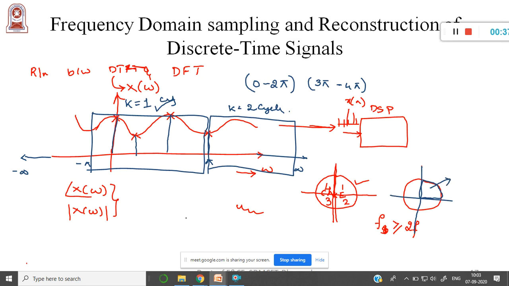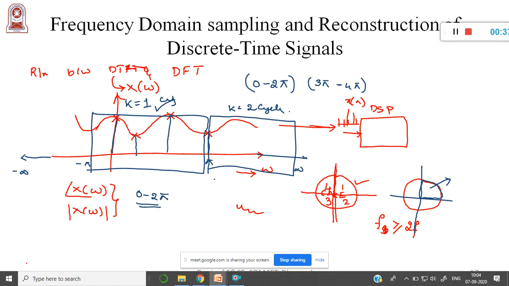That is sufficient for me, because all the rest of the pieces are the same. Similarly, here also I go for one complete cycle, with period from 0 to 2 pi. Why do we consider 0 to 2 pi? Within a short time I will tell you why 2 pi is considered one cycle.